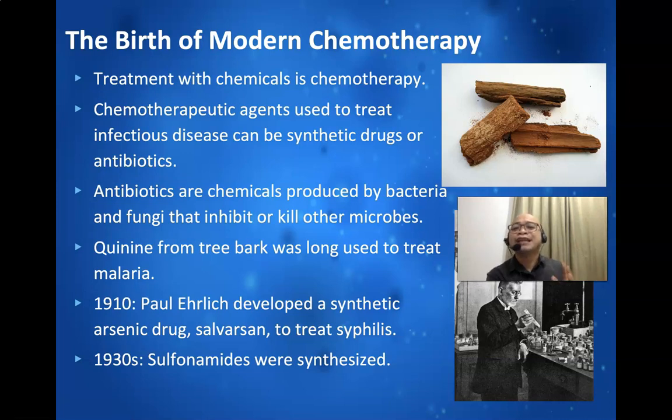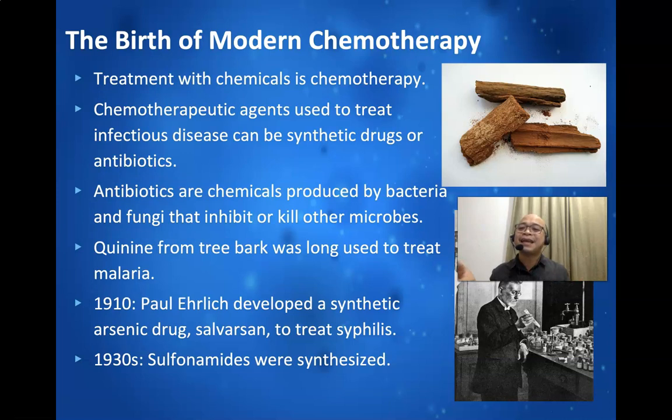So when you say chemotherapeutic agents, these are actually being used to treat infectious disease, and these chemotherapeutic agents can either be synthetic drugs or antibiotics. When you say antibiotics, these are chemicals produced by bacteria or fungi that inhibit or kill other microorganisms.